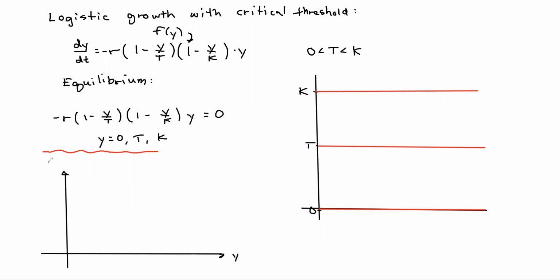And so we have y, we have f of y. And what do we know about y? Well, we know from this picture that y has equilibrium solutions at 0, T, and K. So it has places where dy/dt equals 0 at 0, T, and K. So we're going to have 0, T, and K.